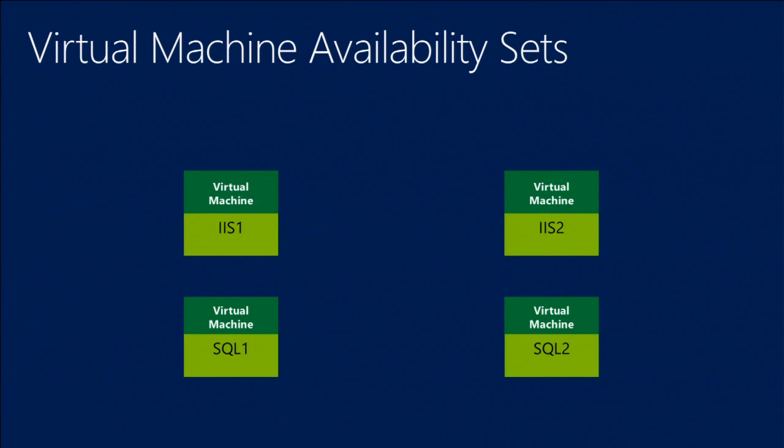But what does it mean to have at least 2 VMs in an availability set? Imagine that you have 2 web servers hosting IIS and 2 SQL servers in the backend of the web applications running on your IIS servers.